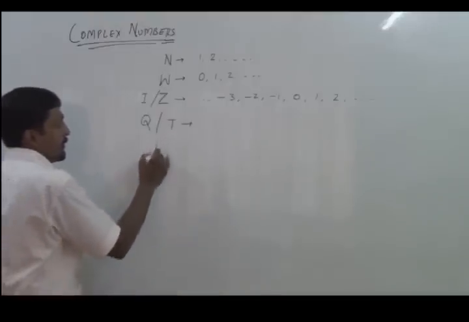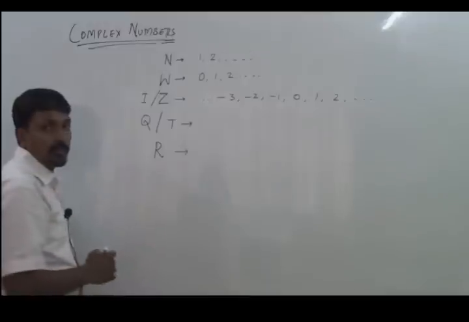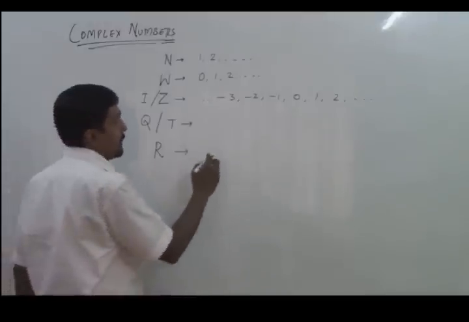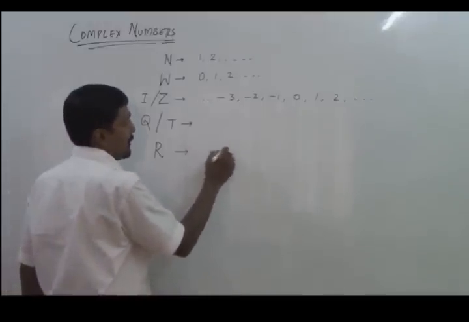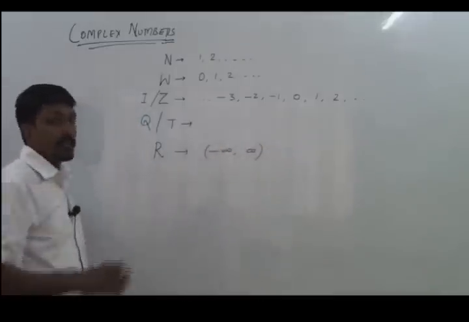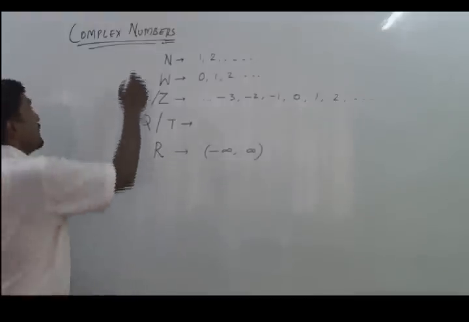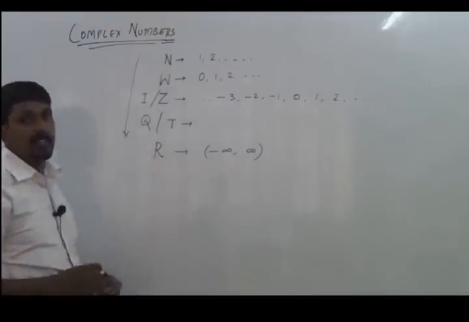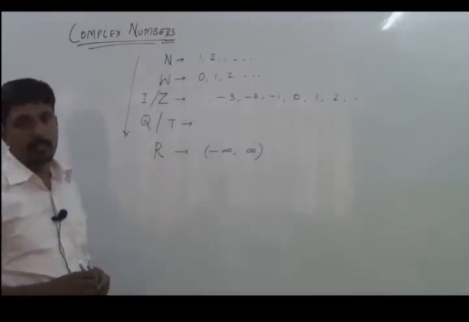Then we have R, real numbers. Real numbers means all kinds of numbers from negative infinity to infinity, including rational and irrational numbers.